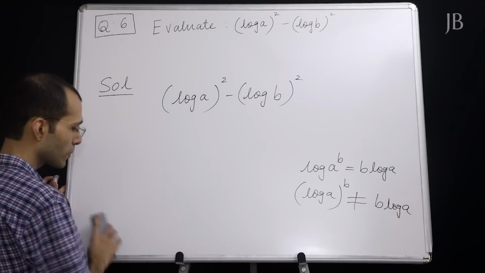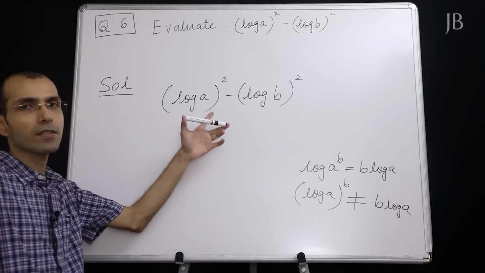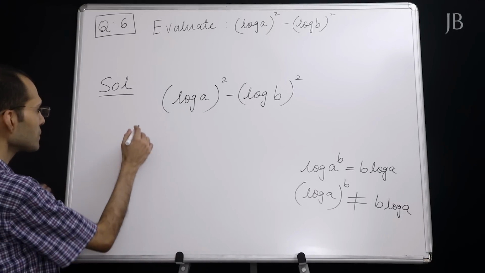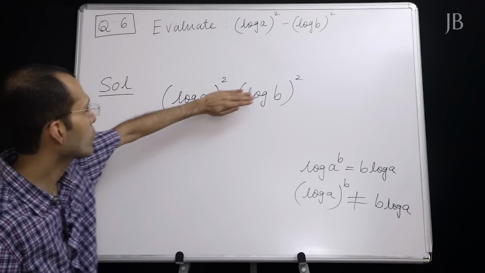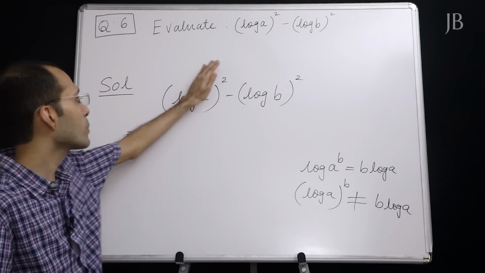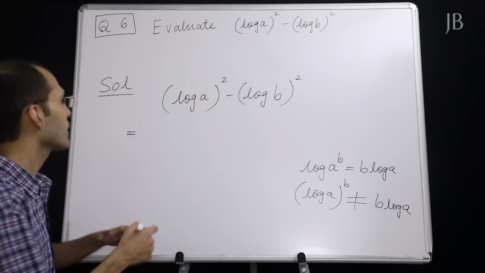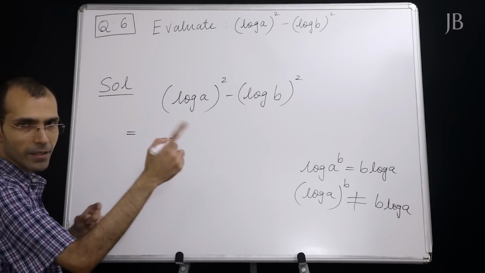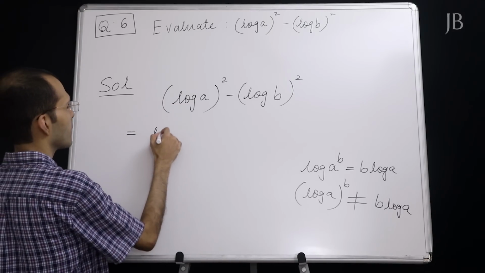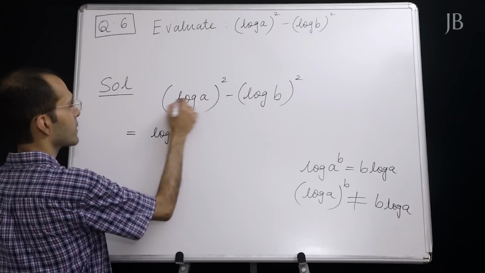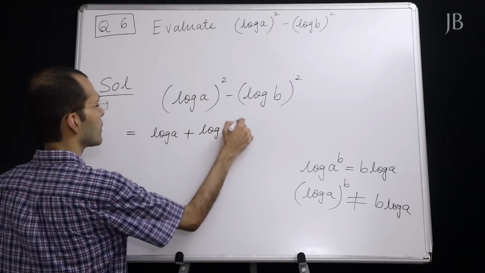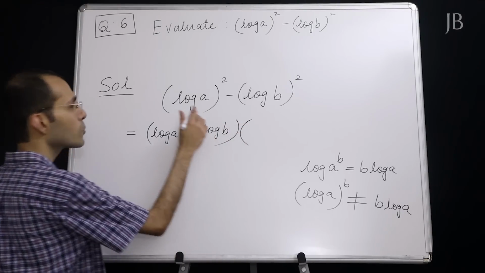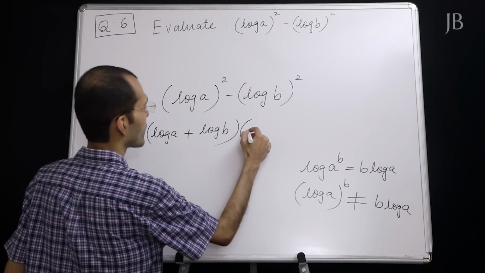That will come to our rescue in such a situation. This is like your x, this is like your y. So x square minus y square is x plus y into x minus y.